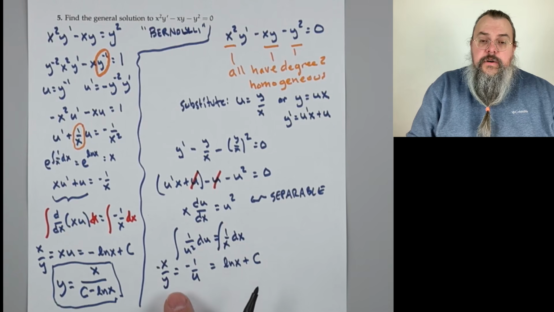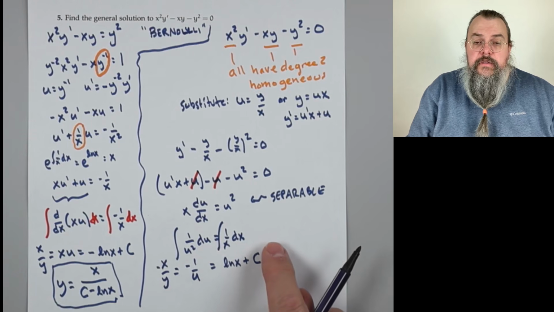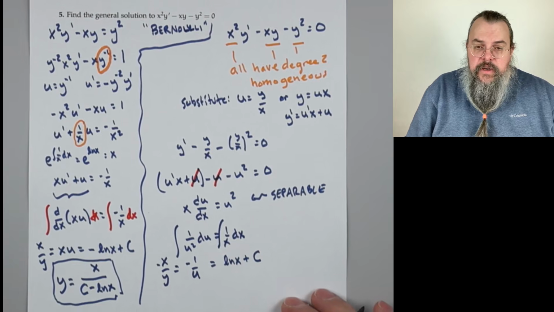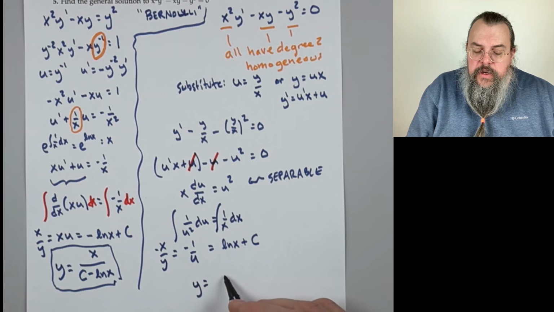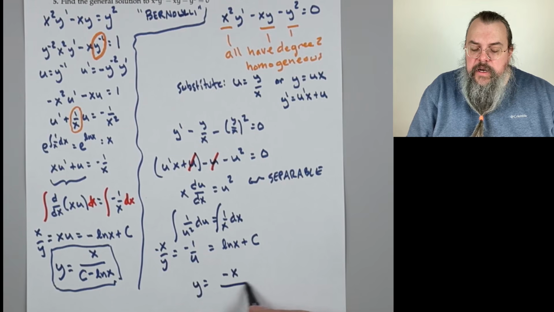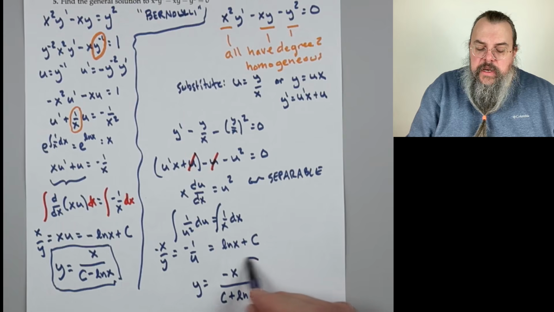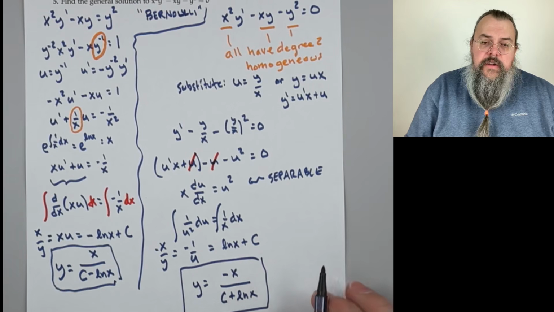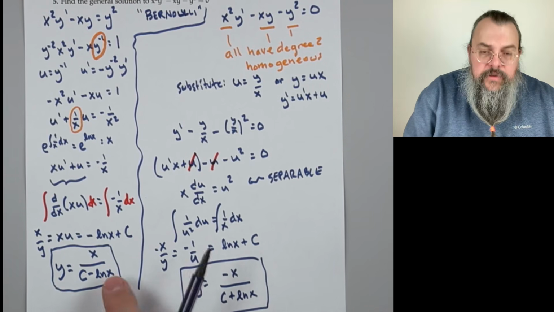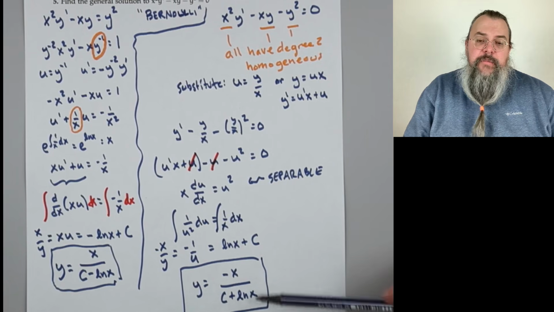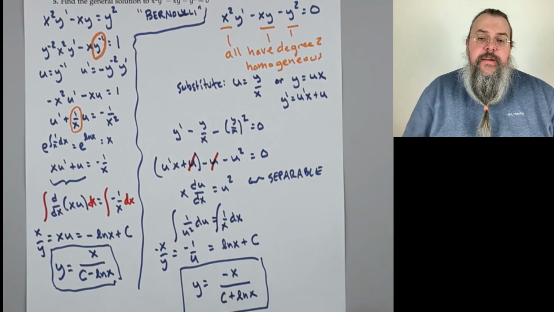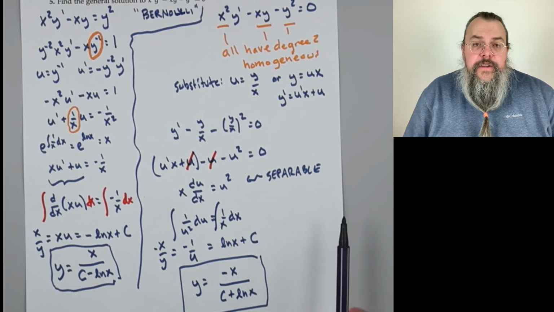So what we can do is multiply the y across, divide the log x plus c across, and we get y is equal to minus x divided by c plus log x. And there we go. Now you might say, wait, are those the same? Well, yeah, because what you can do is multiply top and bottom by minus 1, and then the c can absorb the constant. So they are the same.